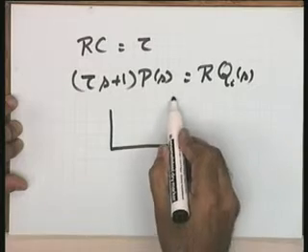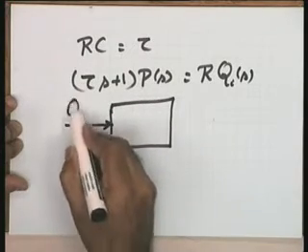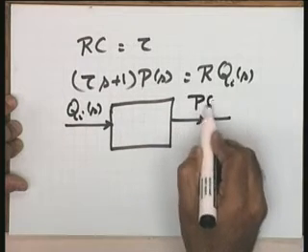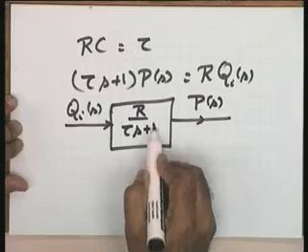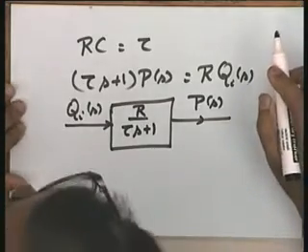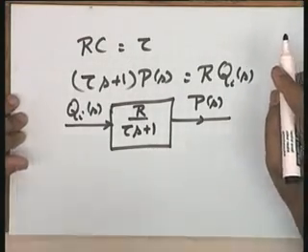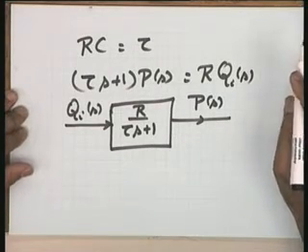In terms of the block diagram, I can write Qi(s) as the input variable, P(s) as the output variable, and R over (tau s plus 1) as the transfer function of the system, which is a first order system. So the liquid level tank turned out to be a first order system.